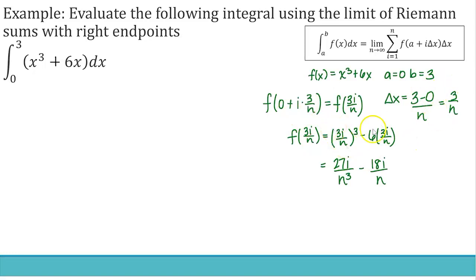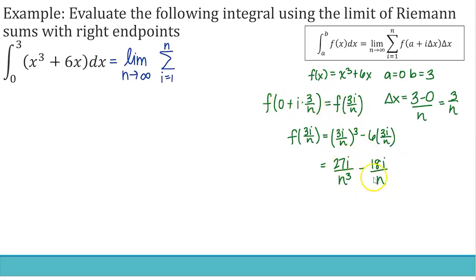So I have all of this scratch work ready for me to move forward with doing this definite integral using this formula. So let's do it. This is going to be the limit as n approaches infinity. I'm just directly using this formula here: the limit as n approaches infinity of the sum of i equals 1 to n of f of a plus i delta x. Well, we just did all that work. That was f of 0 plus i times 3 over n.